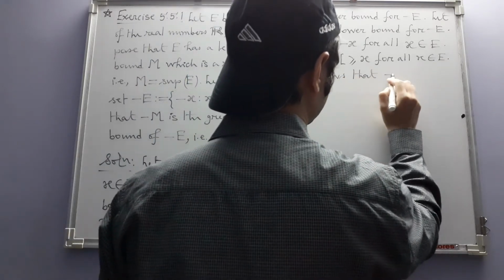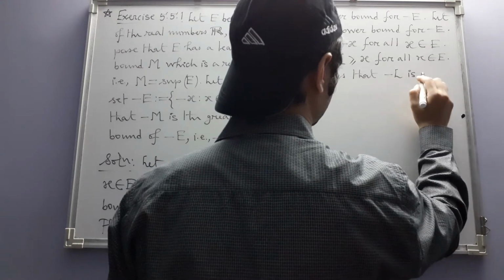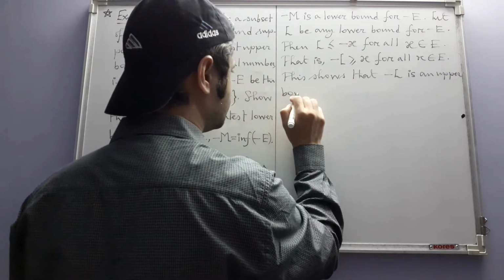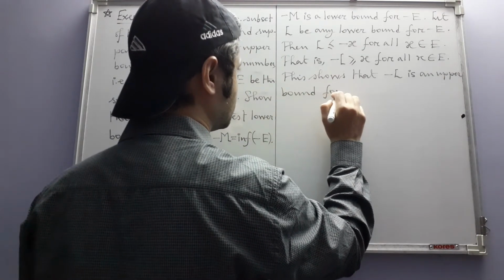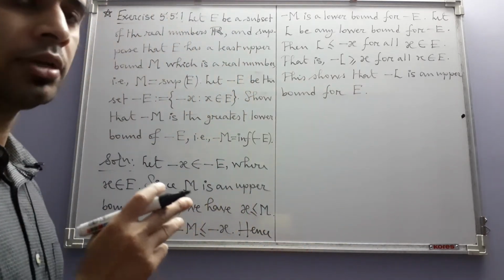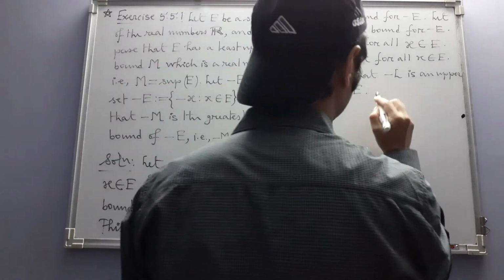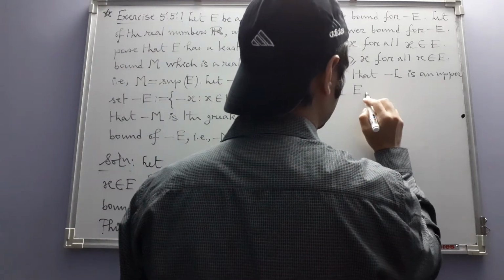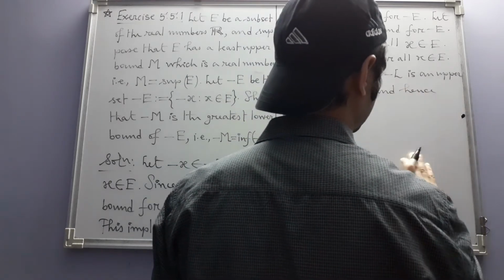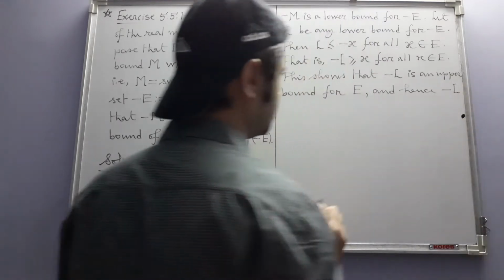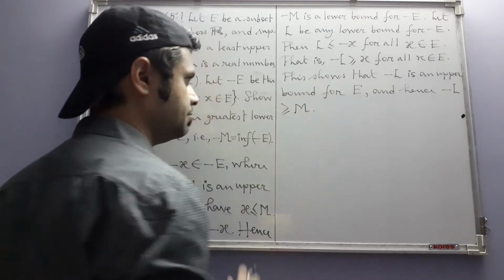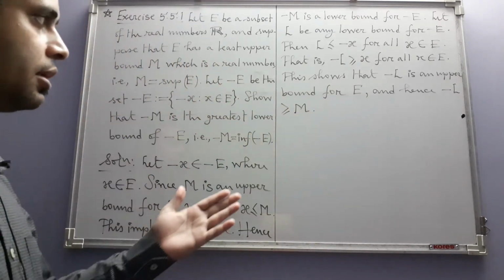This shows that minus L is an upper bound for E because it's greater than or equal to every element of E. And hence minus L is greater than or equal to m, because m is the least upper bound.